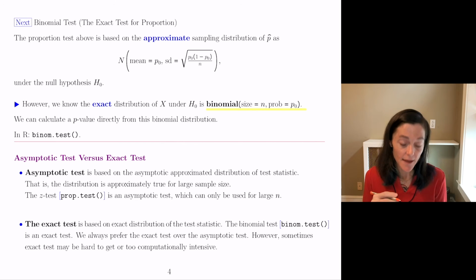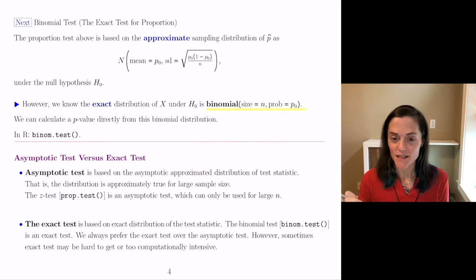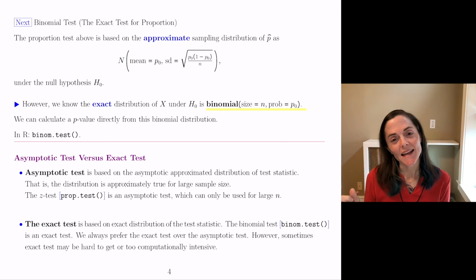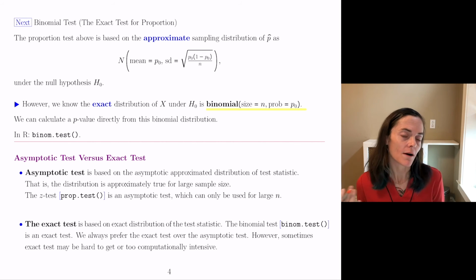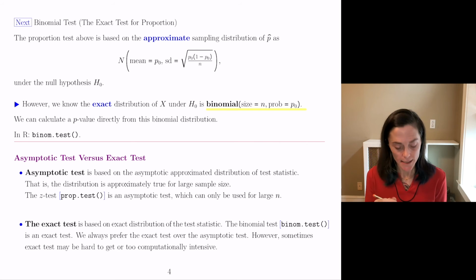If you have a one-sided test, it's much easier. You can calculate it from the cumulative distribution function of the binomial distribution. If you have a two-sided test, it's a little bit more intricate, but we have R. That's the wonderful thing here. We have binom.test. It is an exact test.